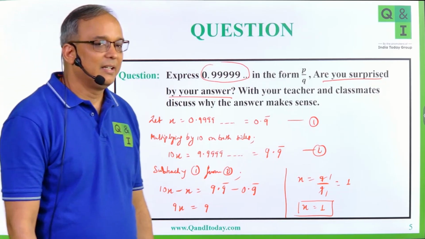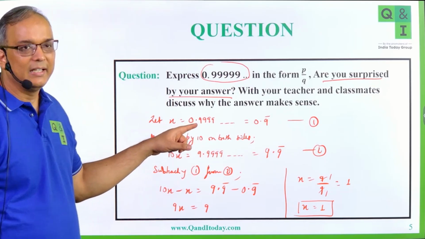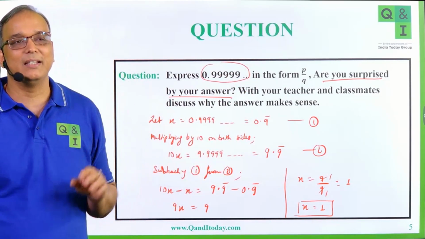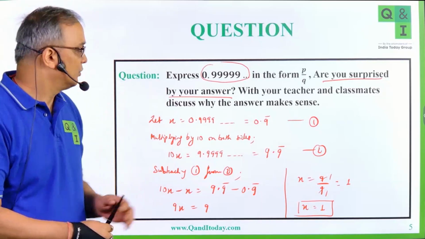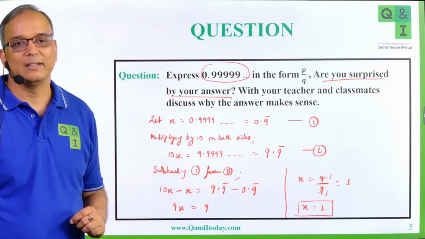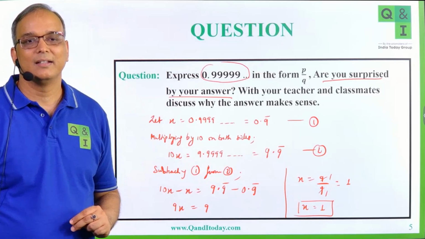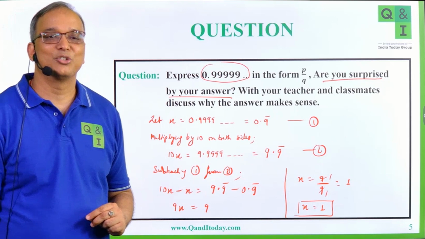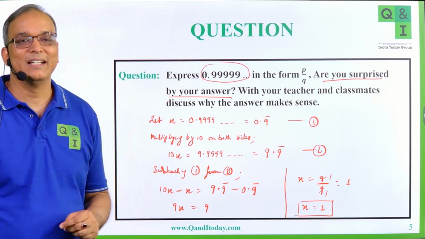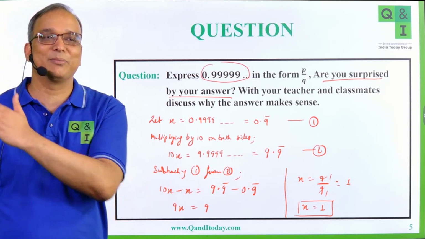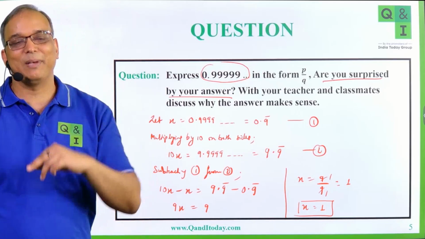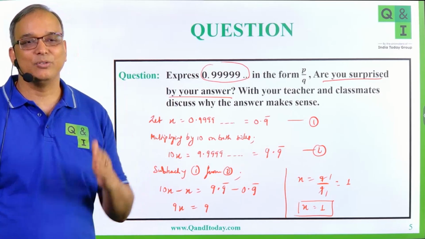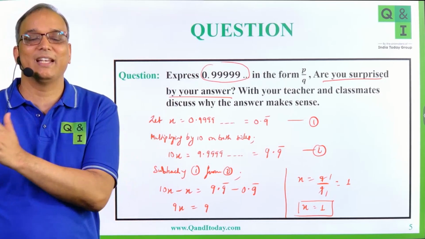Okay, I'll tell you why it is like that. See, 0.9999 up to infinity is very near to 1, so we can also say that x is equal to 1. Yes, Subhranshu, you are correct, that is another way of putting it. If 1 by 3 is 0.3333 up to infinity, then when you multiply the numerator by 3 you get 3 by 3, that is 1, and that is 0.9999 and so on.